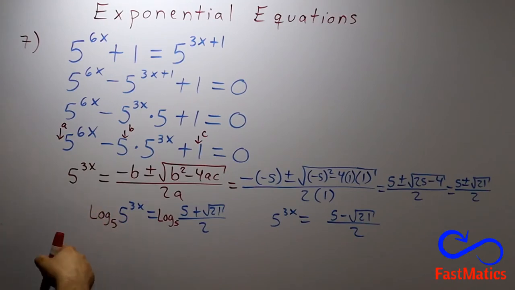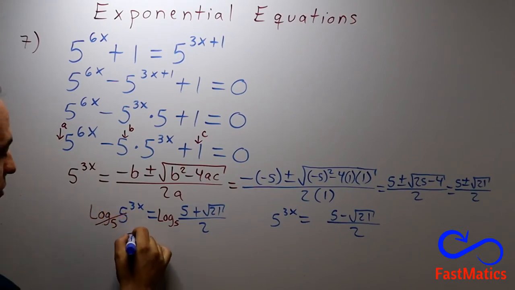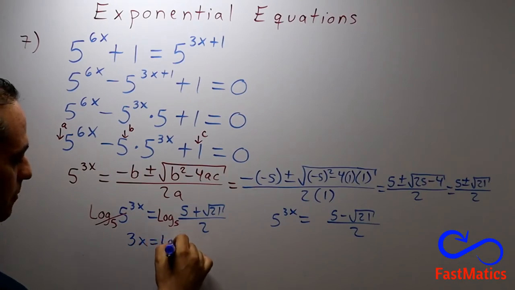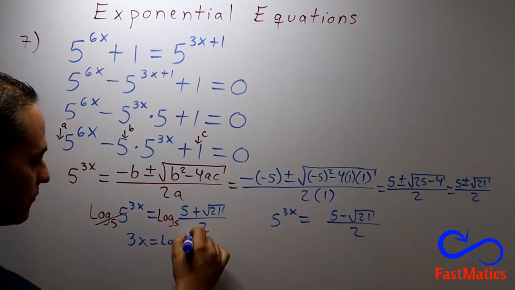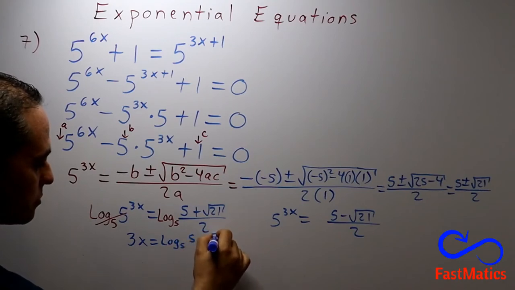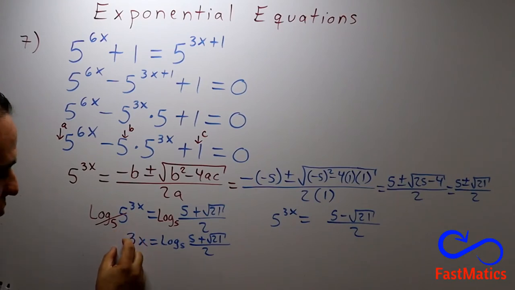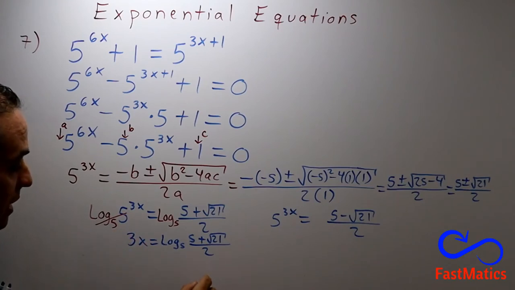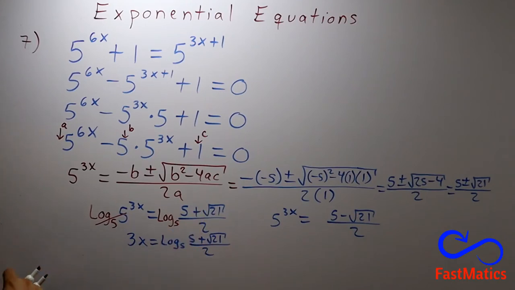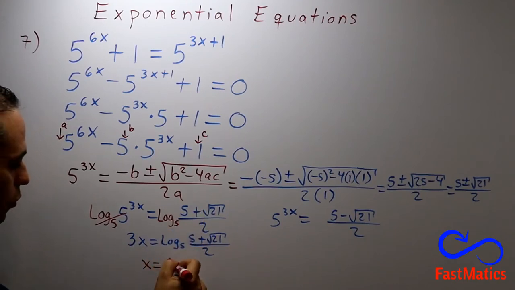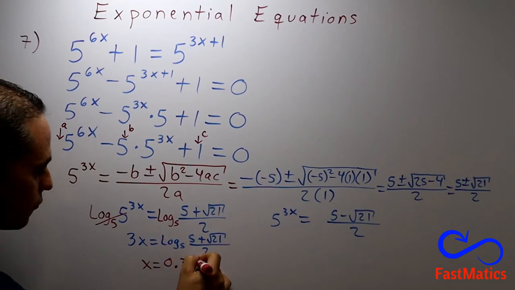Using the properties of logarithms, we eliminate this 5 and we get 3x is equal to logarithm base 5 of 5 plus the square root of 21 divided by 2. And here, if I pass the 3 to the denominator and I solve it with the calculator, I will get x is equal to 0.3245.